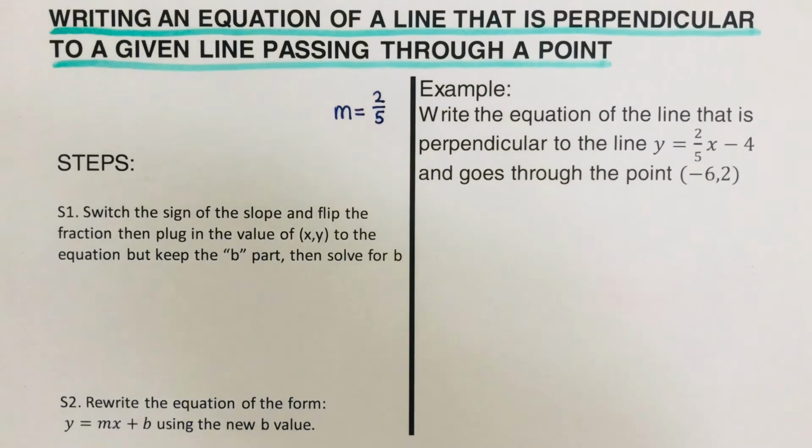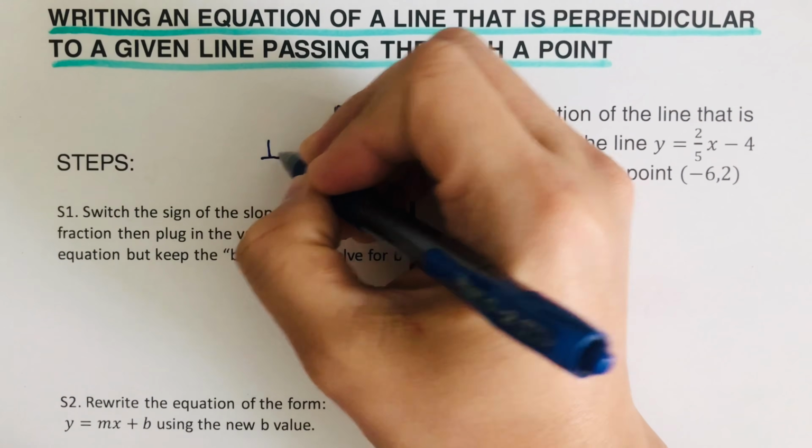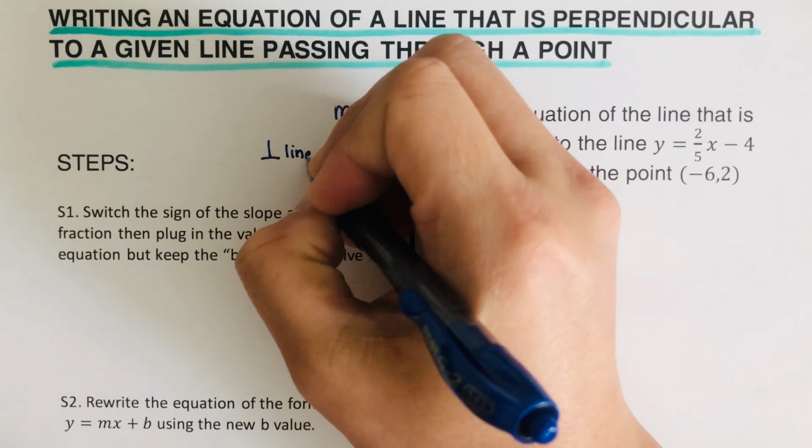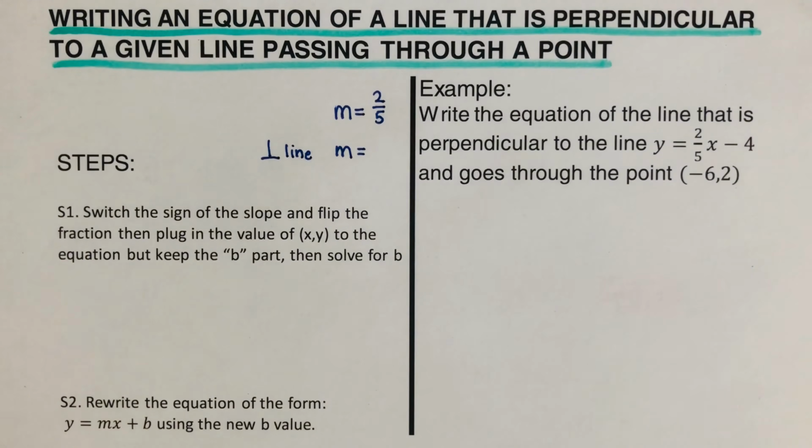And then we are going to determine the slope of the perpendicular line. So what is the slope of that line? The rule for two perpendicular lines is that we can tell they are perpendicular if we can answer yes to two questions. The first question is, are the two slopes opposite in terms of their sign?